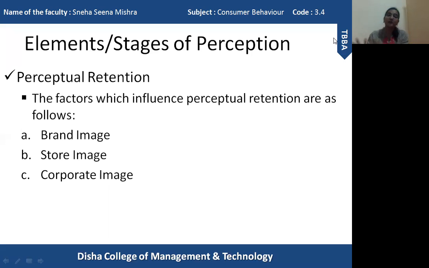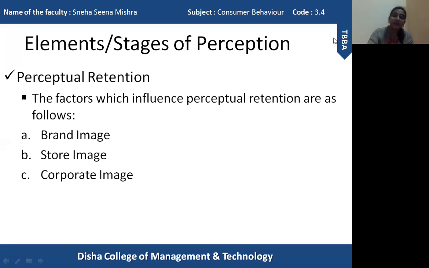So when we remember a particular image of a big company, then it will definitely be easy for us to recognize different products belonging to huge corporate houses with a good corporate image. So this is the way we try to retain the stimuli related to the products in our mind.